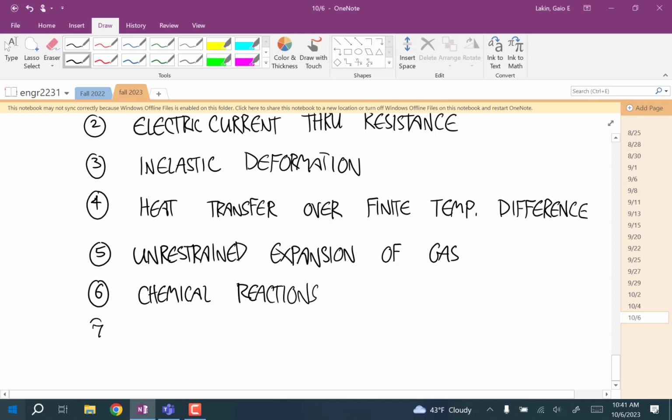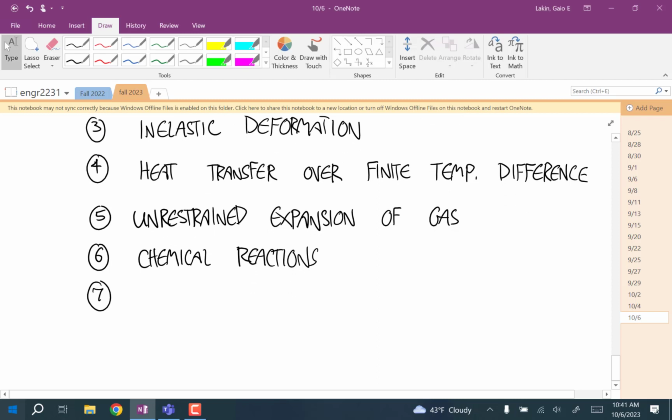And seventh, the last one, is mixing materials at different states. So pouring liquid water into ice.